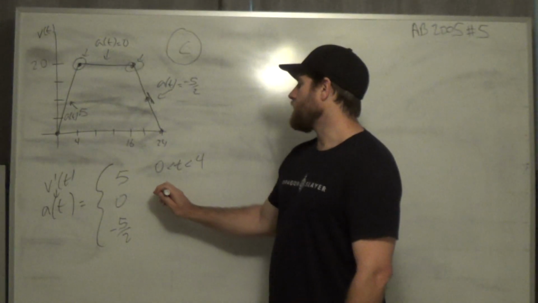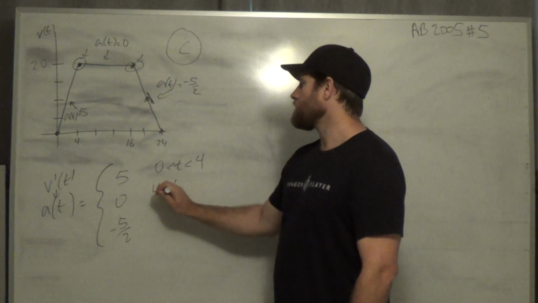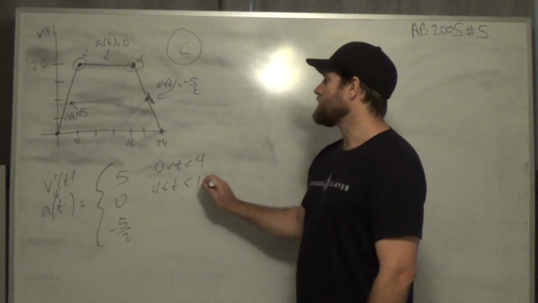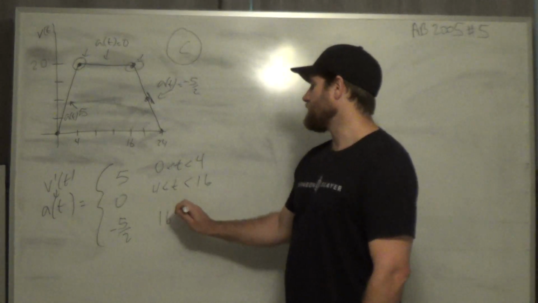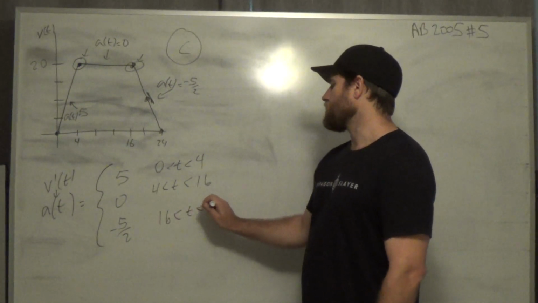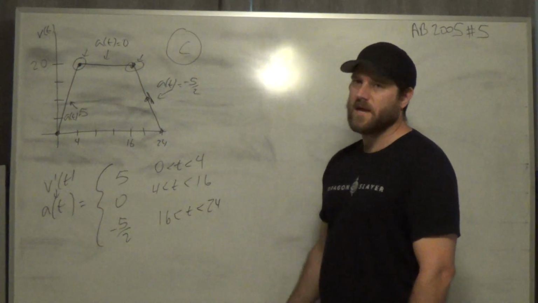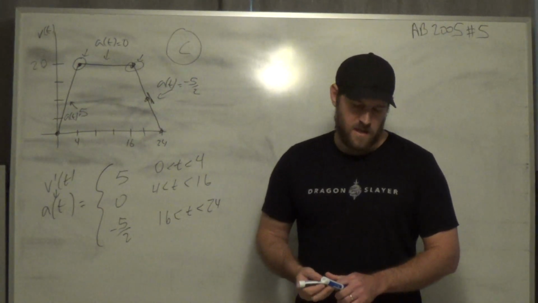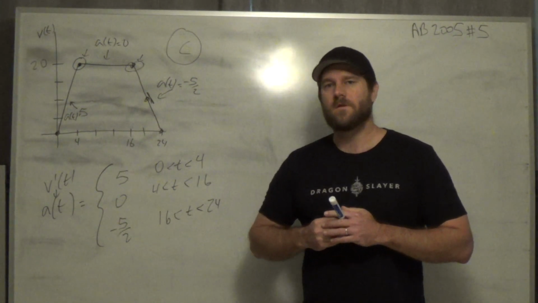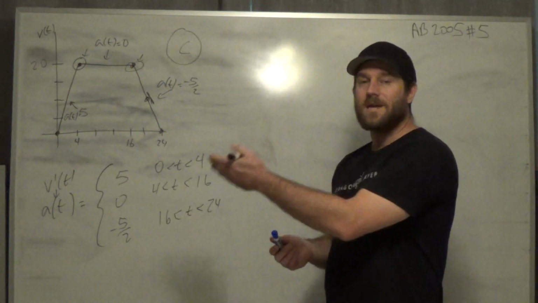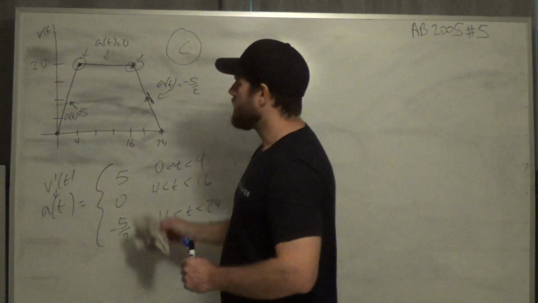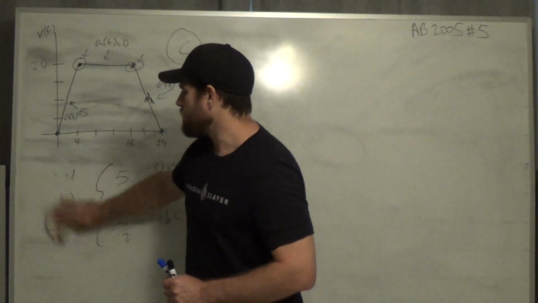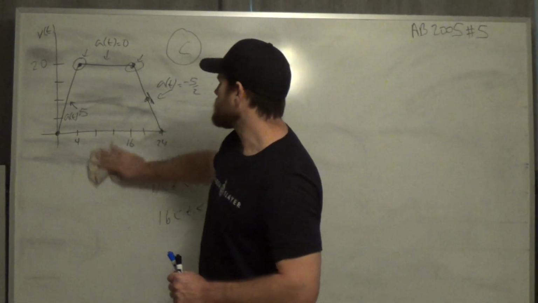All right, from time 4 to 16, our slope is 0, and from time 16 to 24, our slope was negative 5 over 2. And again, you just need to know that the derivative of velocity is acceleration, so we're looking at the slopes of the tangent line to finish this part. All right, that's it for part C.